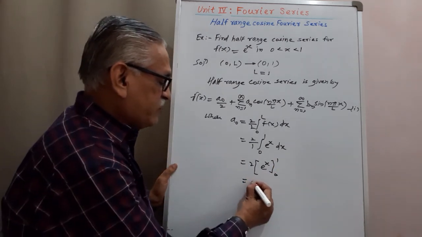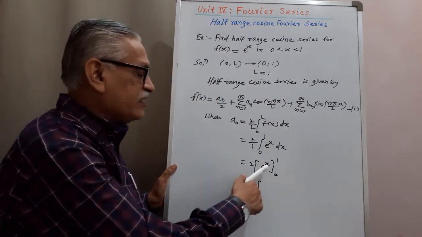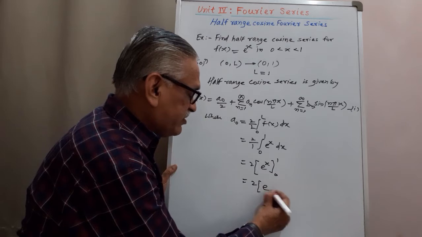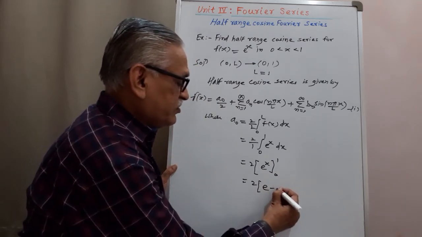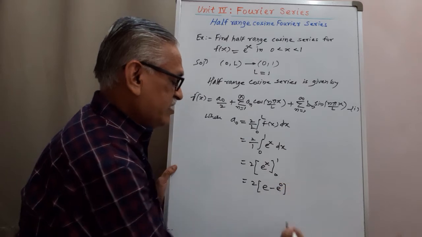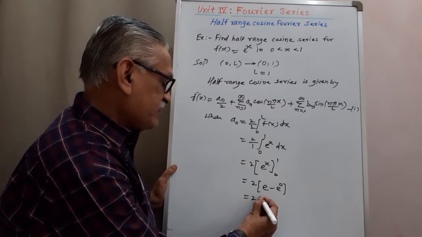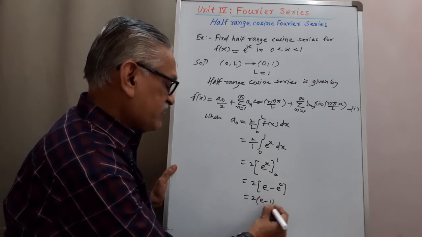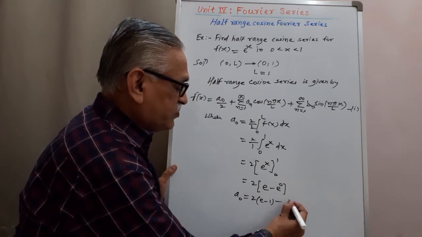Substituting the upper and lower limits, we get 2 into e raised to 1 as e, minus e raised to 0 as 1. Therefore we get 2 times e minus 1 as the value of a0. We call this equation 2.